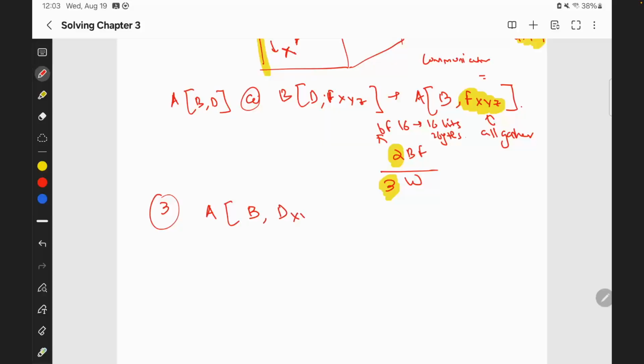Here b x y z is sharded, and we are gonna multiply with matrix t x y z comma k. So here this contracting dimension is sharded.